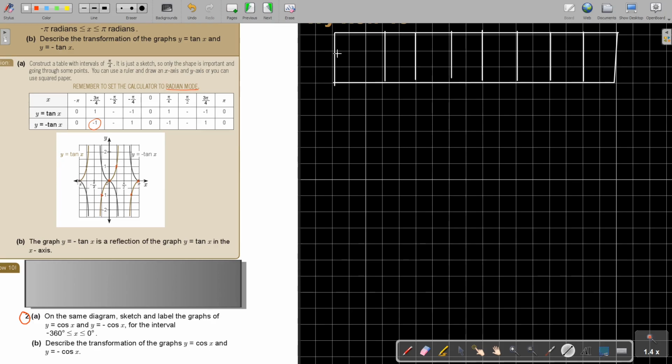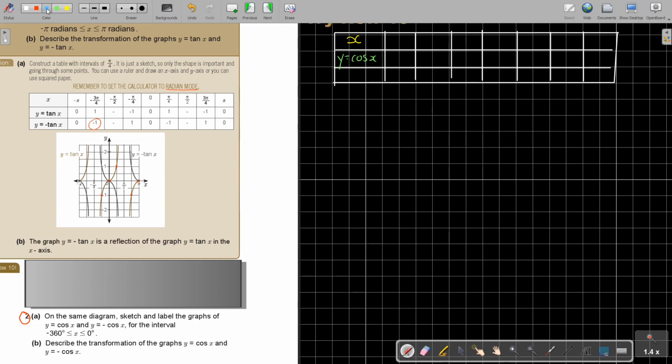Okay, this worked out perfect. Now let's first get this is our x. Let's get my pen correct. Okay, so this is going to be y equals cos x.